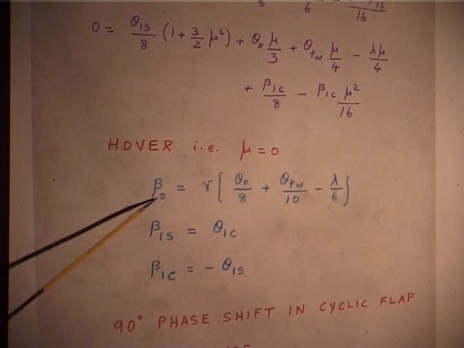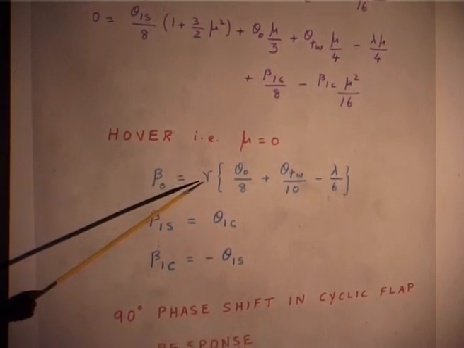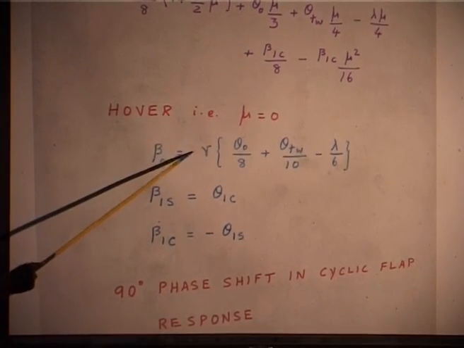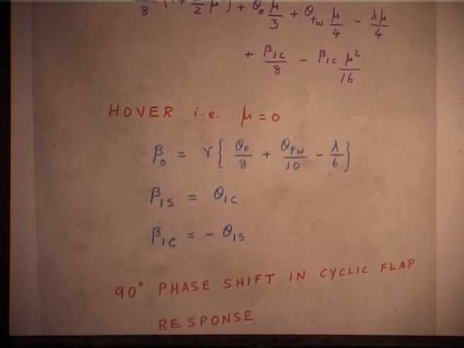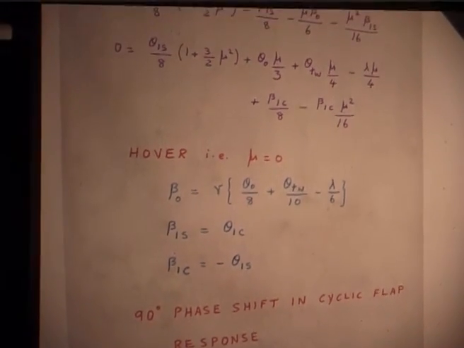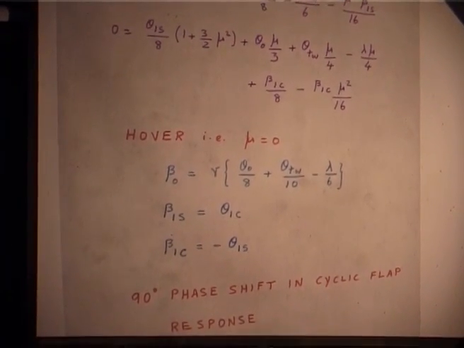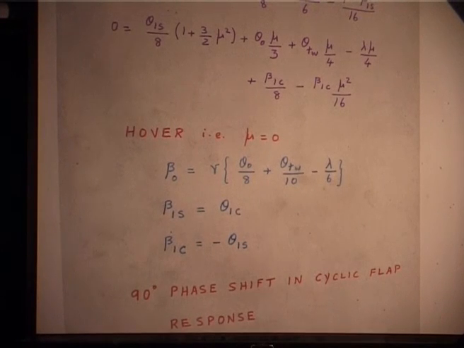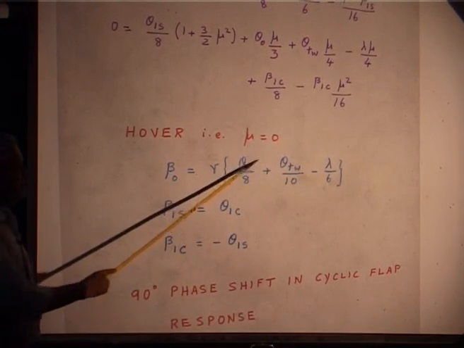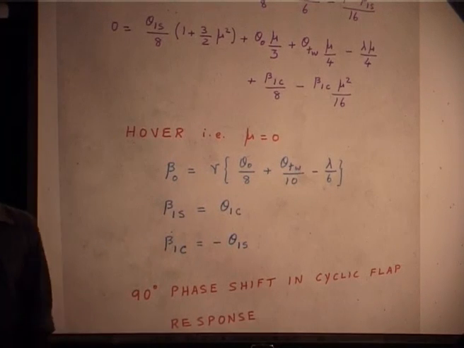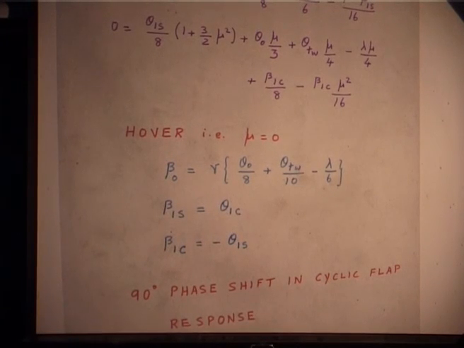That means, to an extent, if you see, this is the Lock number, which is aerodynamic force by inertia force. It will be rho a c R power 4 over I_b. I_b is the mass moment of inertia of the blade about the flap. And then of course, collective pitch. This term looks somewhat like CT, okay.